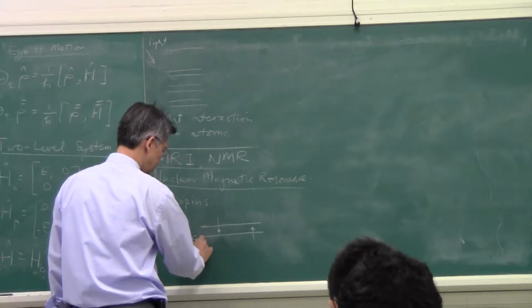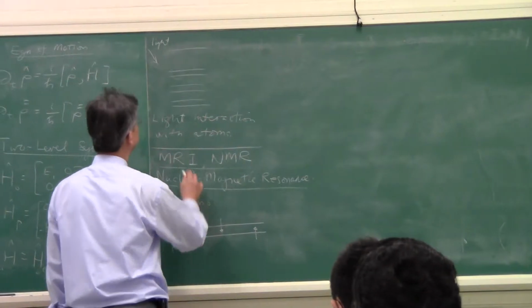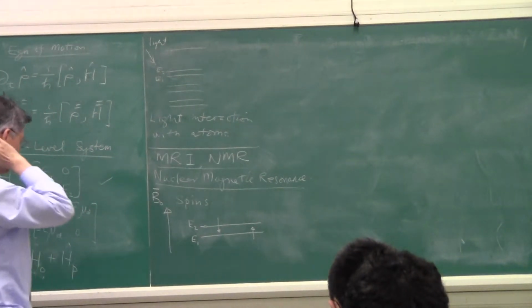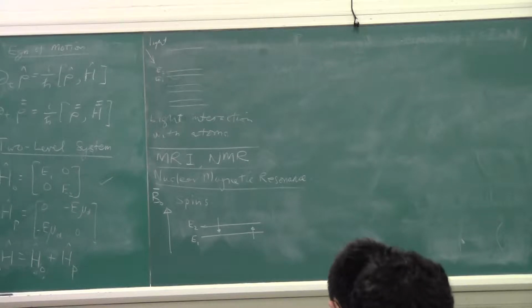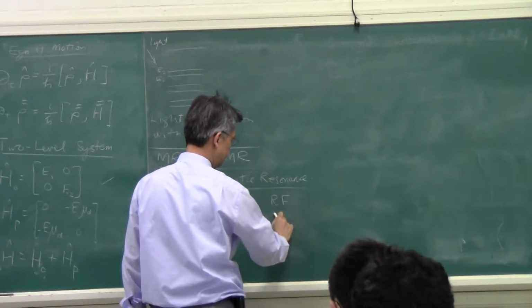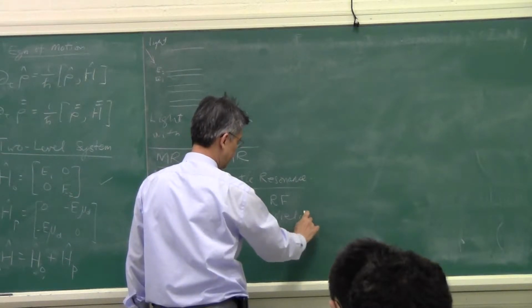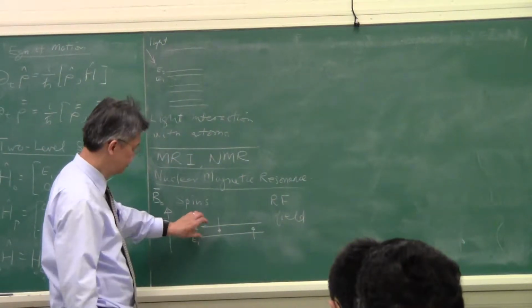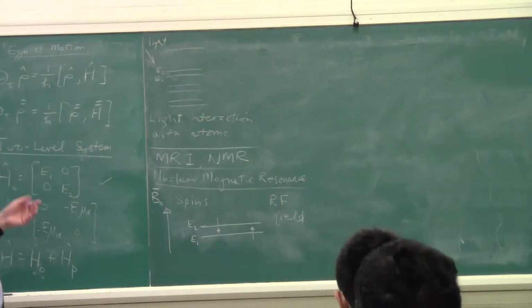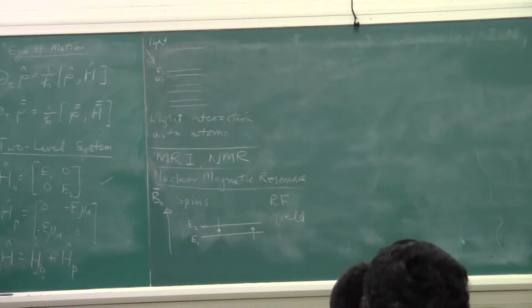So this might be the lower energy state, and this might be the higher energy state. And similarly, you might have things like this in atomic systems. And then when you perturb this with the RF electromagnetic field, you can cause the transition of the spin from one state to another, or flip the spins, and that can be regarded as a two-level system as well.